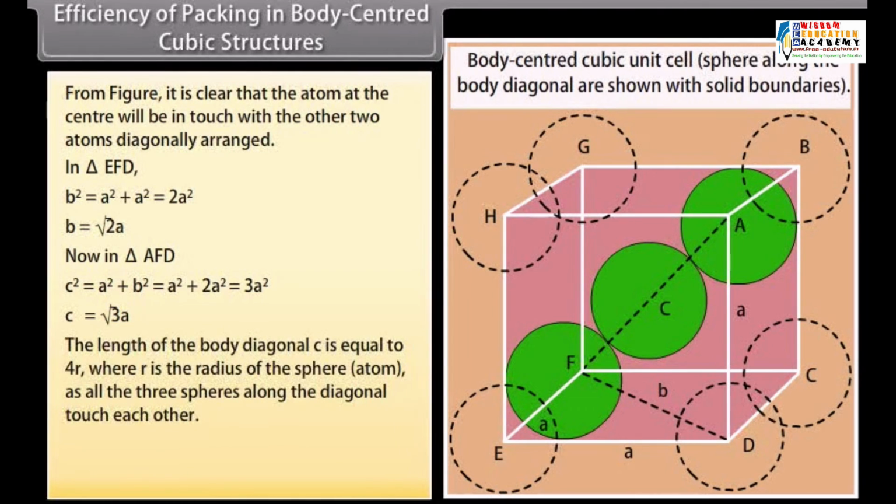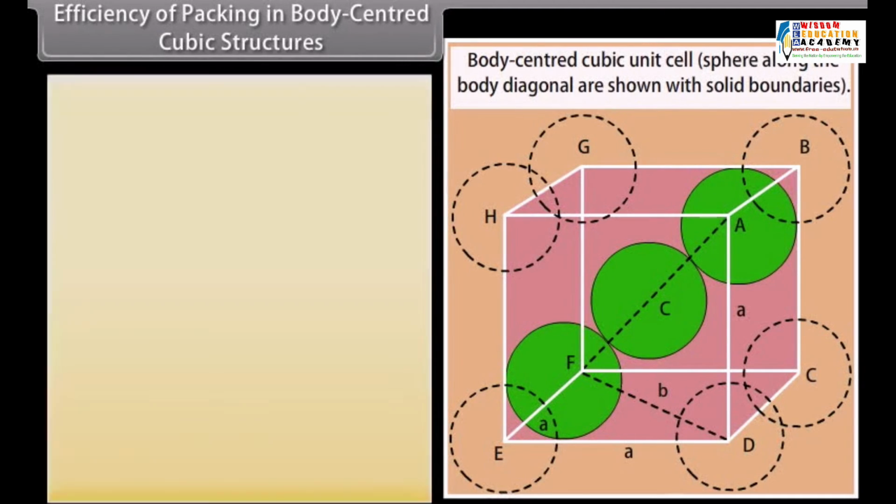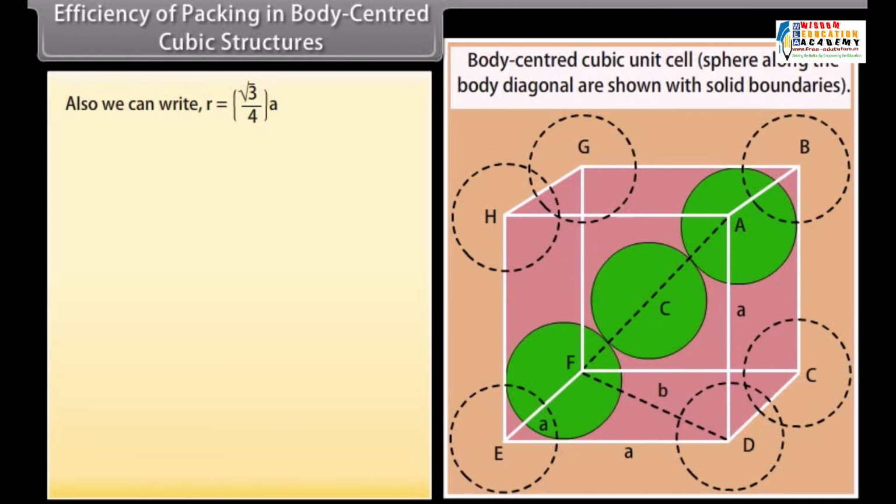The length of the body diagonal c is equal to 4r, where r is the radius of the sphere atom, as all the three spheres along the diagonal touch each other. Therefore, √3 a is equal to 4r. a is equal to 4r upon √3. Also, we can write r is equal to √3/4 a.